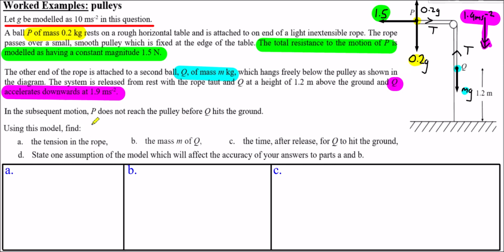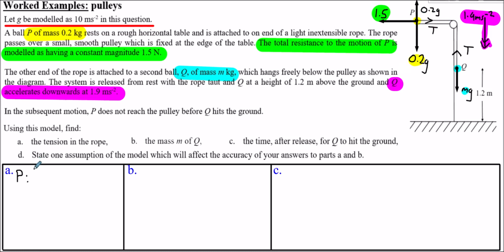So using this model, find the tension in the rope. What we need to do here is consider separately P and Q. So just considering P, now P is going to accelerate horizontally. The force in total horizontally going to the right for P is going to be the tension minus 1.5.